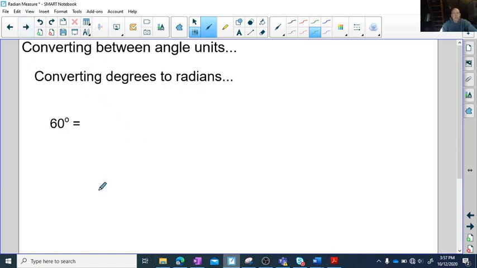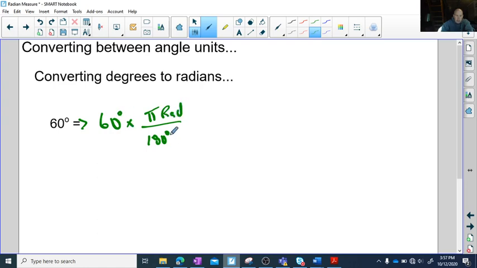Okay, so let's take 60 degrees, and I was trying to figure out what 60 degrees is in radians. Well, I'm going to take 60 degrees, and I'm just going to use my conversion factor. My conversion factor says that there's 180 degrees in pi radians.